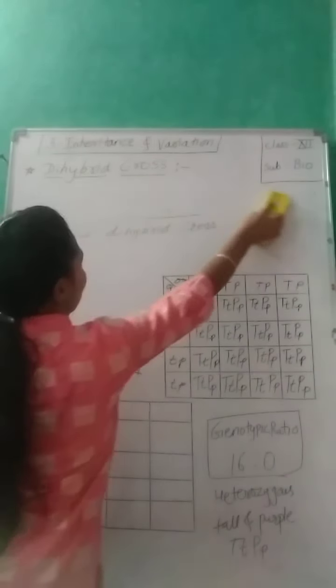So we will do selfing in this, for the F2 generation. What happens in selfing? We have to cross this F1 generation with the same. So what will we get?